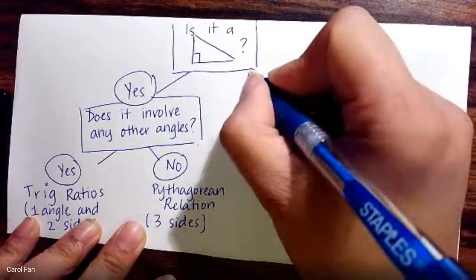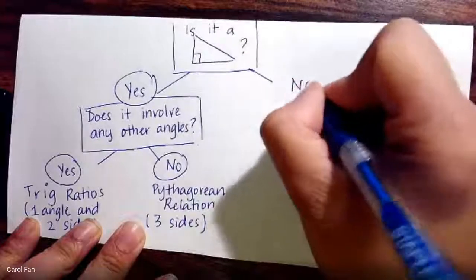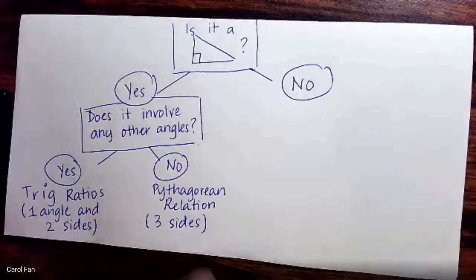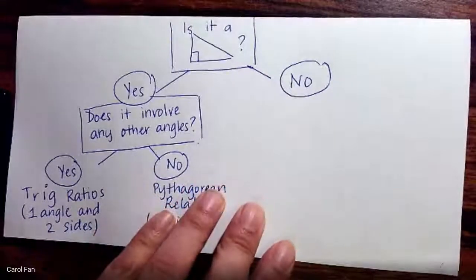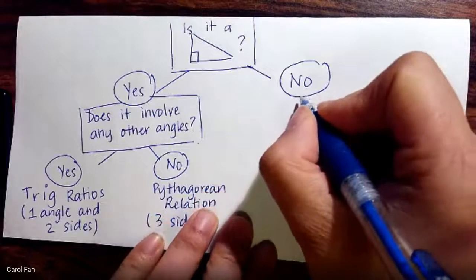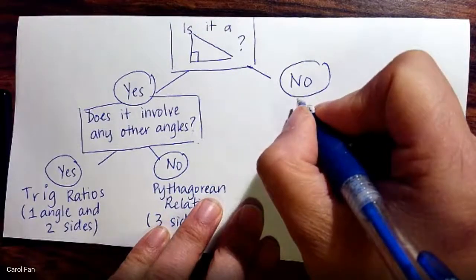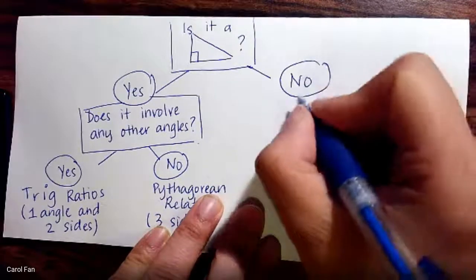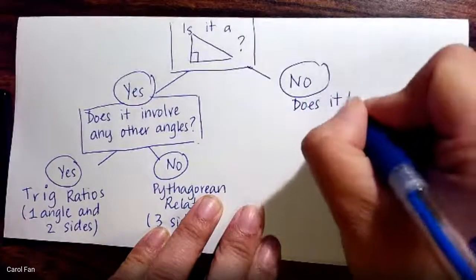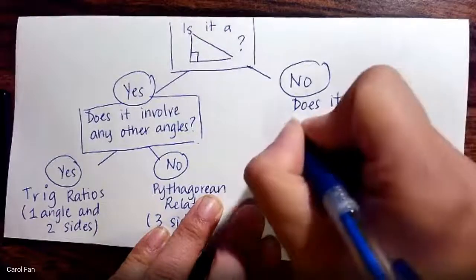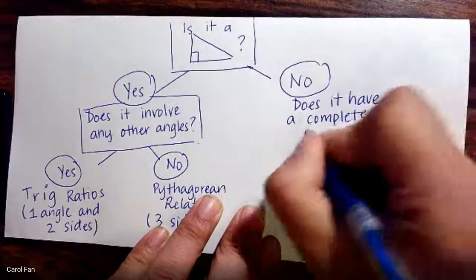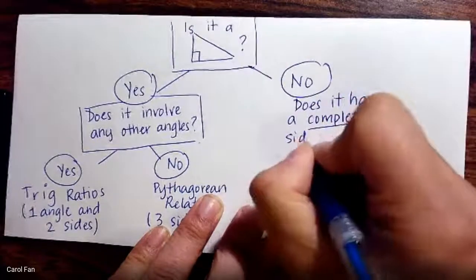Now, if it is not a right angle triangle, then we need to ask ourselves another set of questions. The first question we should ask ourselves, does it have any side angle pair? So does it have a complete side angle pair?